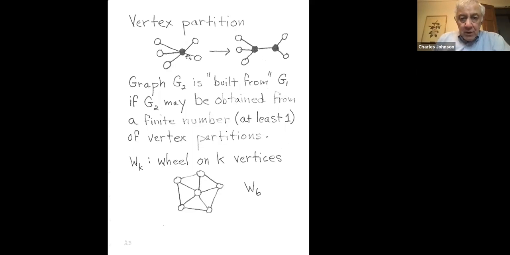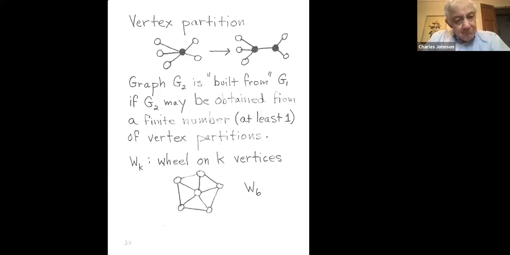So here I have an edge in place of this vertex, and the neighbors of one of the new vertices are one part of the partition, and the neighbors of the other new vertex are the other part of the partition that I had. That's called a vertex partition, a sort of topological operation you can perform on a graph. So I'll say that a graph, G2, is built from another graph, G1, if G2 can be obtained from G1 via a finite number, and I require at least one, of vertex partitions, okay?